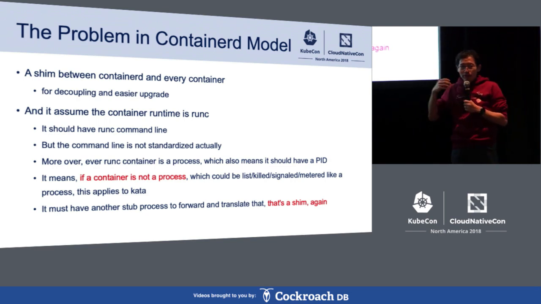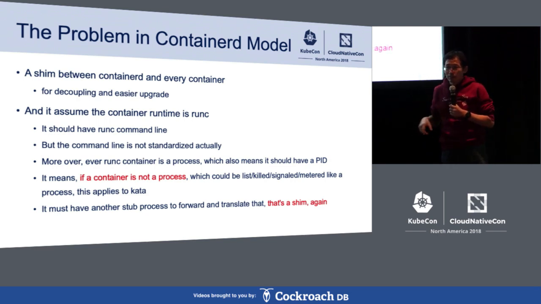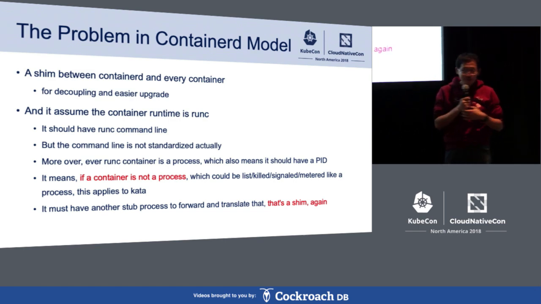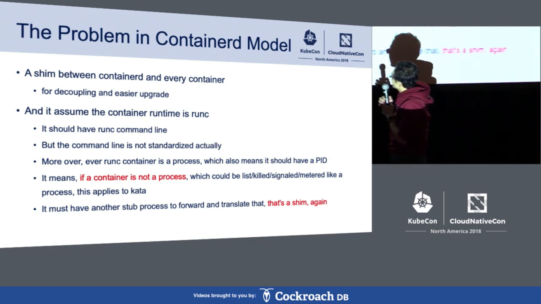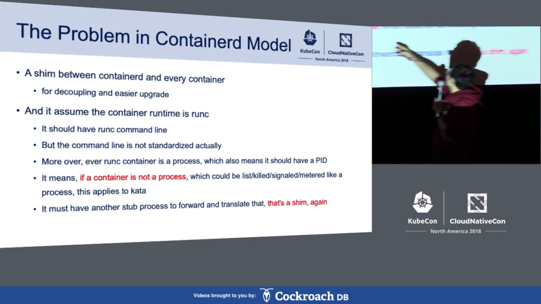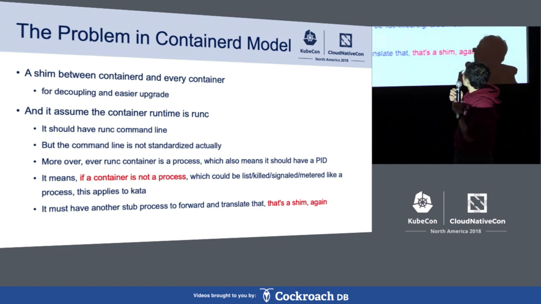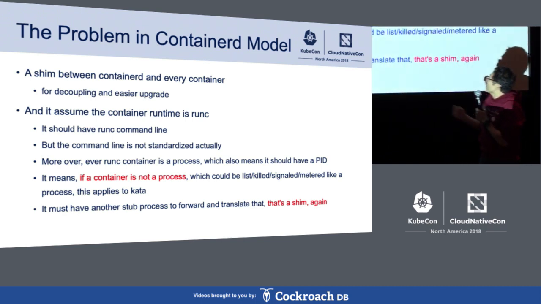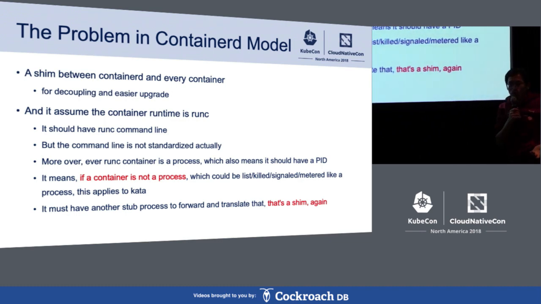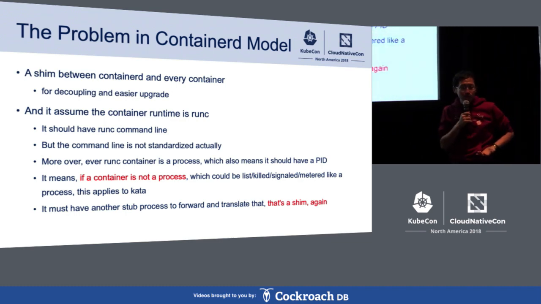You can use kill to send a signal to it. SIGHUP is the most common signal, and also SIGKILL, SIGTERM, and other signals. That means even if the container is not a process, it should support these features.